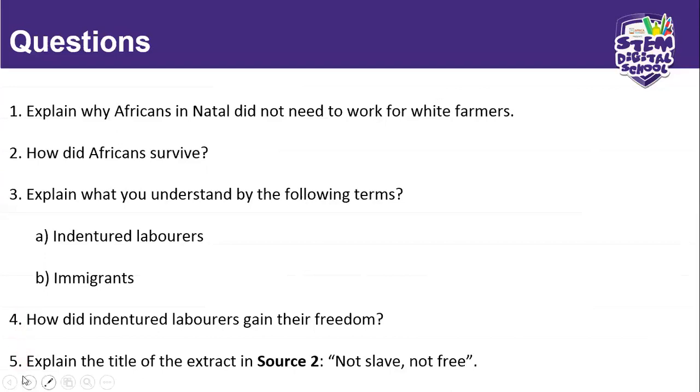Number 5, explain the title of the extract in source 2. Not slave, not free. So what does that title mean? You're supposed to explain. What does it mean when they say not slave, not free? So you explain that title. So those are the questions for today's topic.